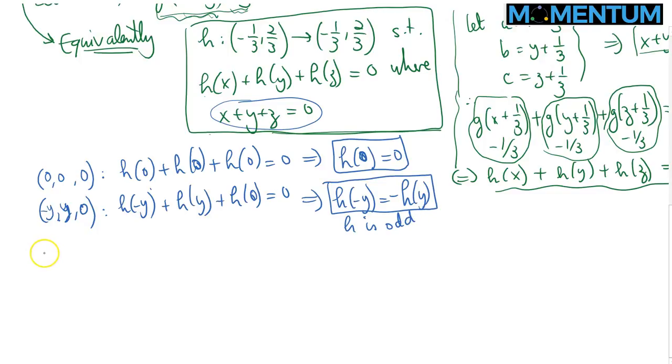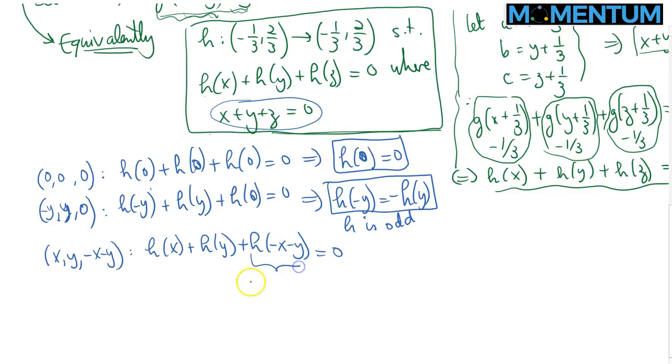So let's do a few more substitutions. How about x, y, and minus x minus y? Obviously they add up to 0 as well. When I try these, I would get h of x plus h of y plus h of minus x minus y. And this is where I will be using the fact that h is odd. We know this should be equal to 0, but this thing is just minus h of x plus y.